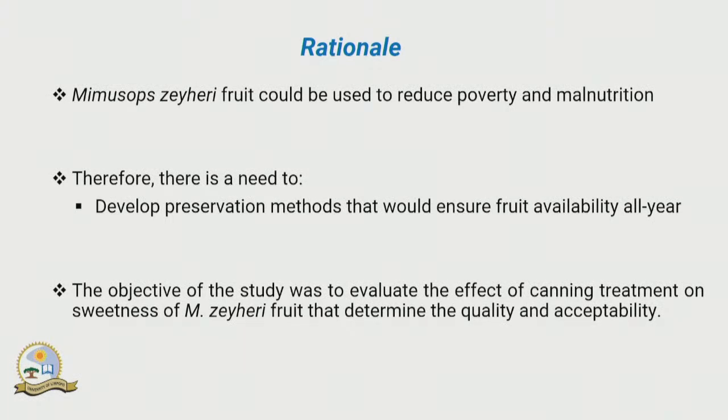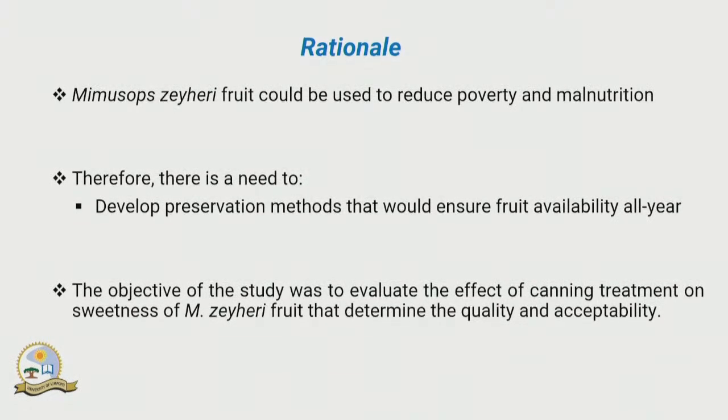Now, as I've explained, due to the biotic compounds that the crop has, it has the ability to reduce poverty and malnutrition in the country. As a result, there is a need to make sure that we preserve the crop so that people can get it if they want it, especially among rural communities.